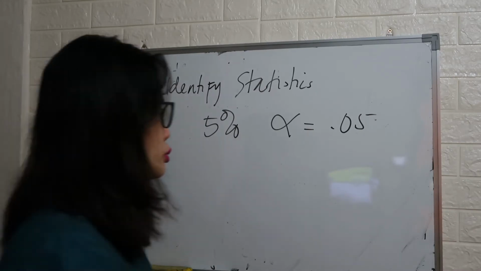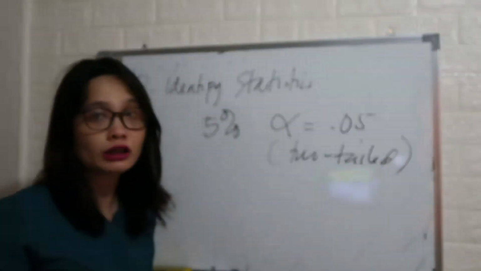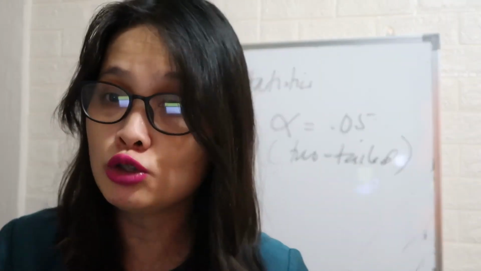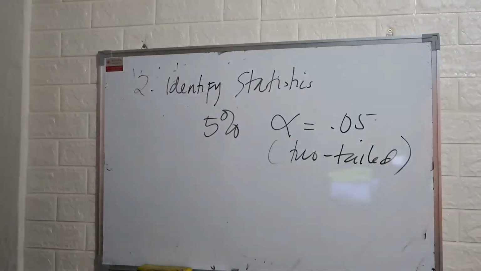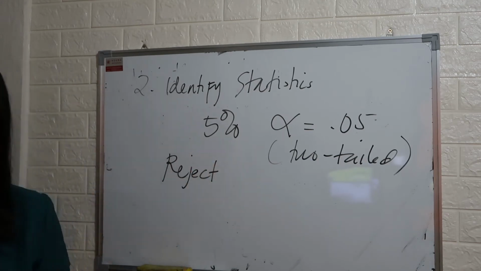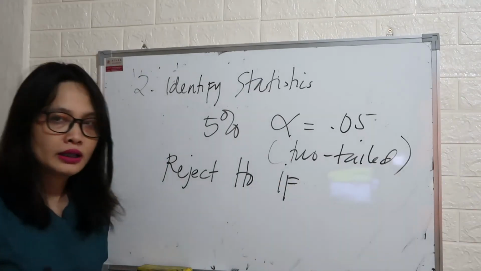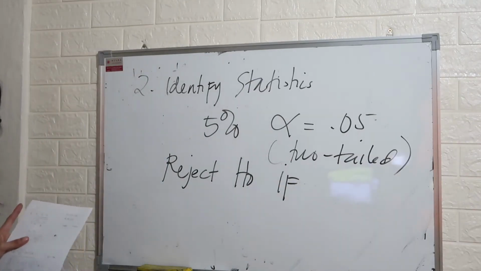Two-tailed. Okay, very good. So we will be using a two-tailed test. If it is a two-tailed test, reject HO.